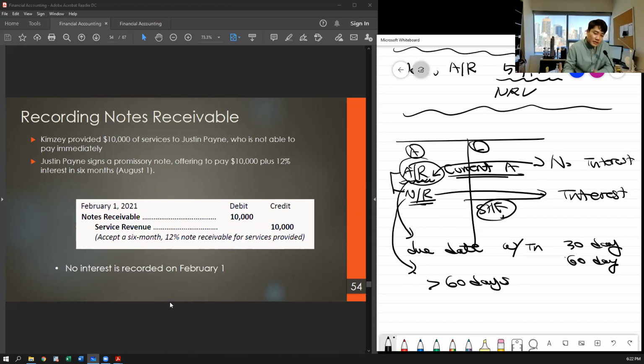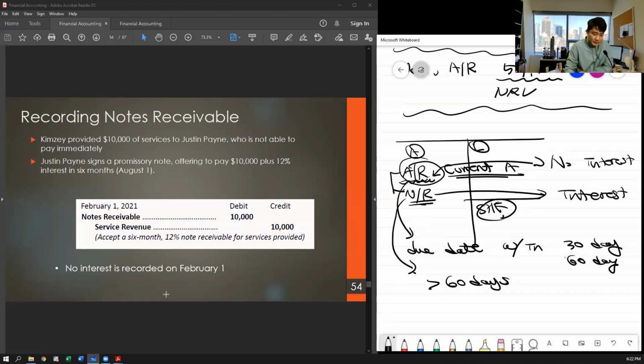Technically for accounts receivable, since you're not paying back in 30 or 60 days, you are supposed to pay a little bit of interest. But we don't really charge credit cards for interest unless you do not pay the credit card bills. But when it comes to notes, there will definitely be interest components associated with the notes.